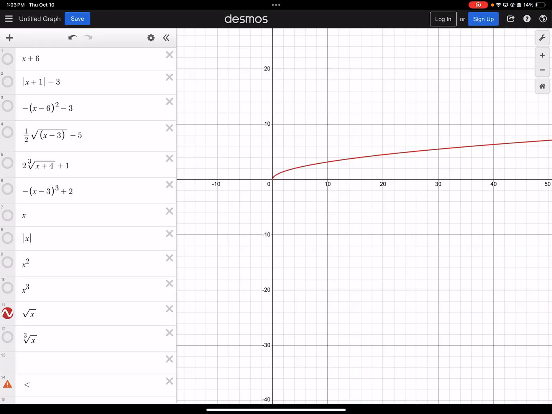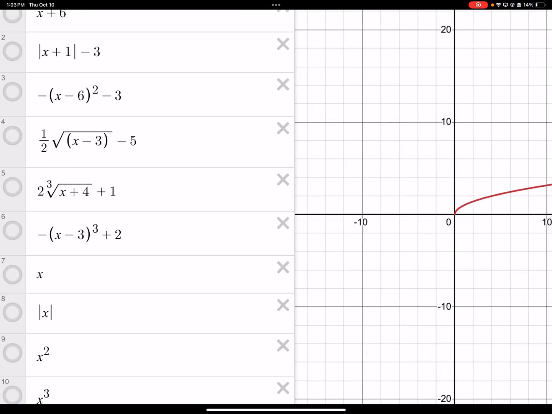If we look at the cubic one, f of x is equal to 2 times the cube root of x plus 4, plus 1. Without even looking at this graph, we can say that it's a cube root one, right?